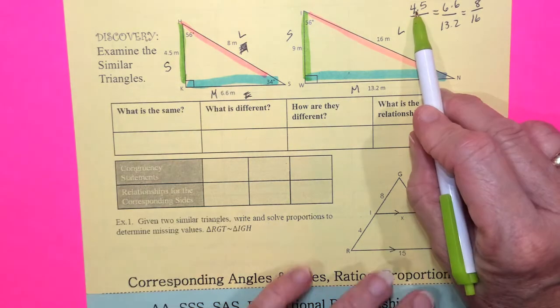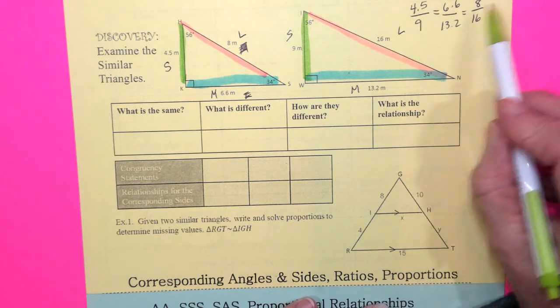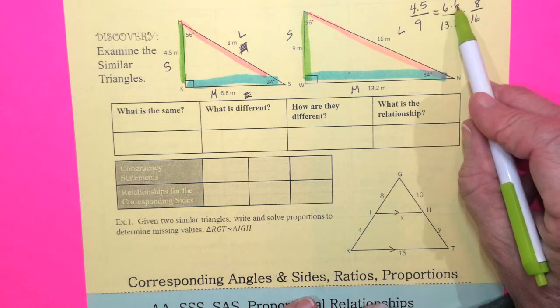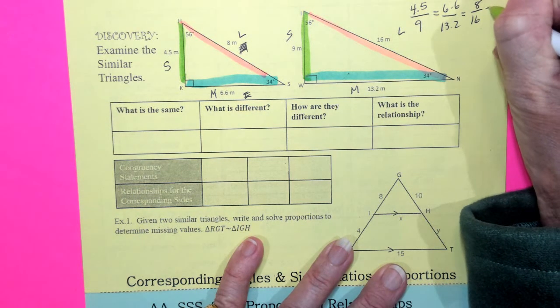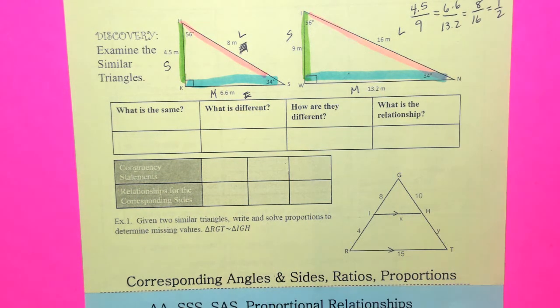Well, 4.5 doubled is 9. 8 doubled is 16, and 6.6 doubled is 13.2. So they all reduce to 1/2. Those are similar triangles. We'll learn in a couple days that side similarity will always exist.